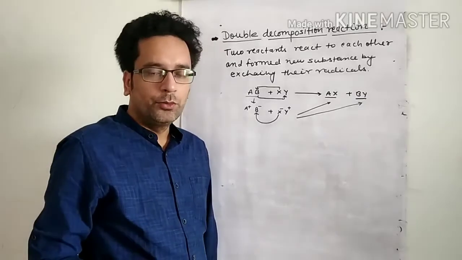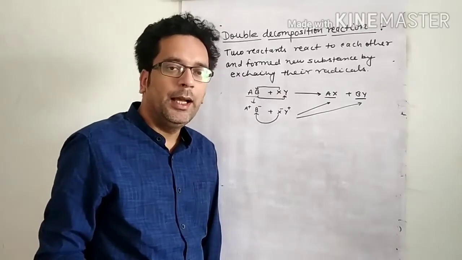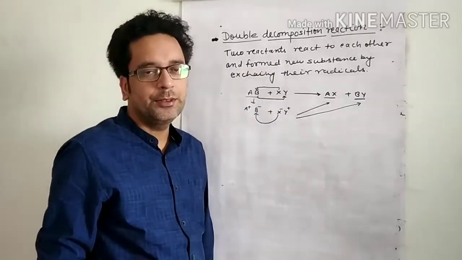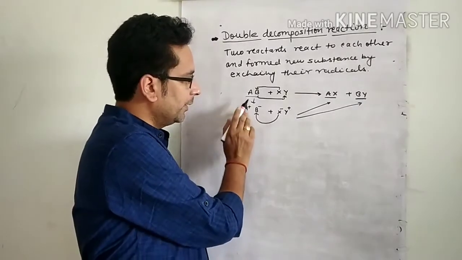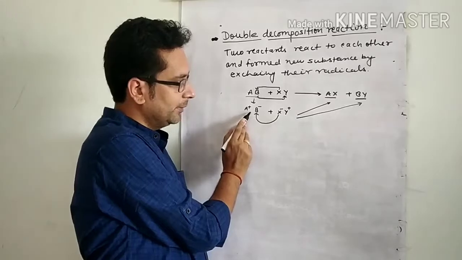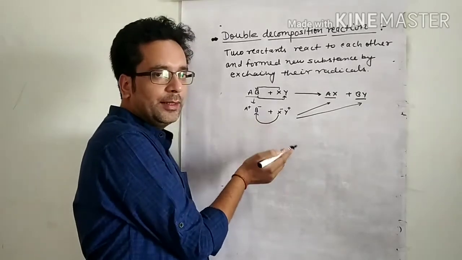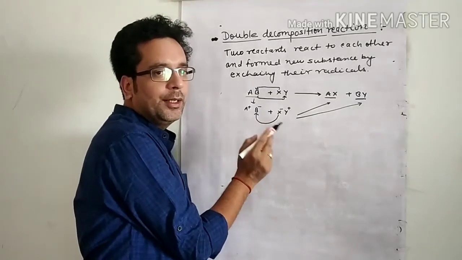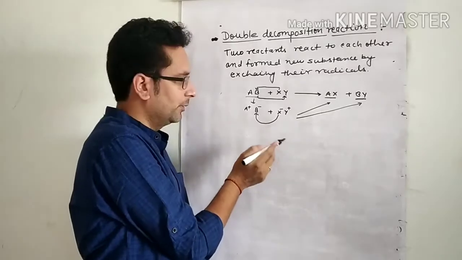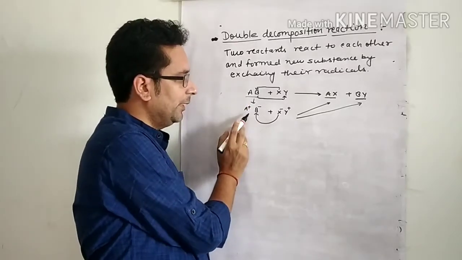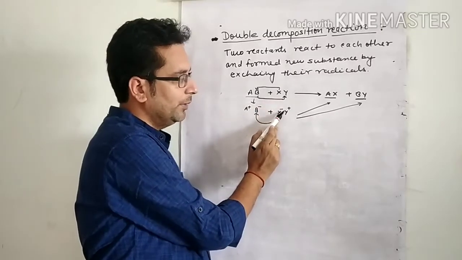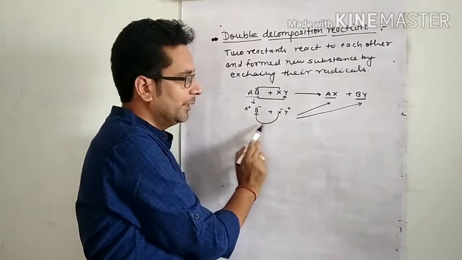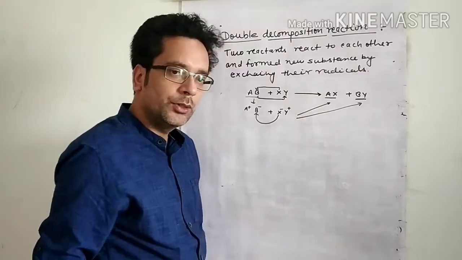It means two reactants react to each other and form new substances by exchanging their radicals. In the case of AB, A plus and B minus are radicals, atoms or groups of atoms containing positive or negative charge. In the case of XY, X minus and Y plus both exchange their radicals to form new substances.